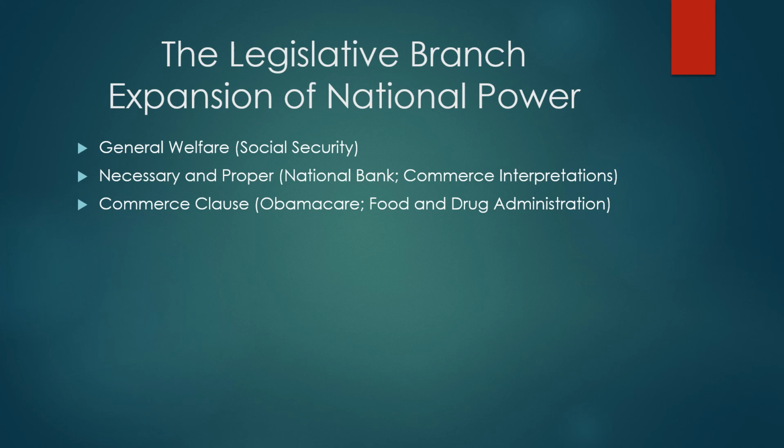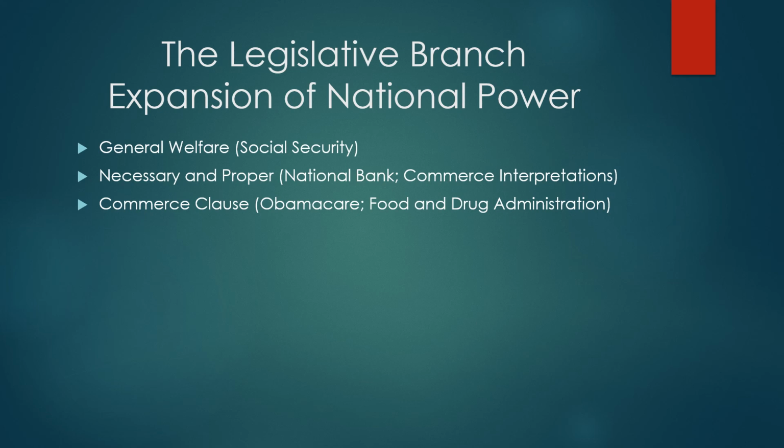The Necessary and Proper Clause, which was in the Constitution, has been interpreted to mean that we have a national bank, and for a time we had a national bank, and that we have the ability to interpret the Commerce Clause very broadly, in a way that changes how we view that clause and how we view the government's ability to get involved in business.